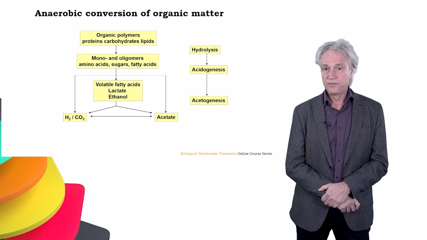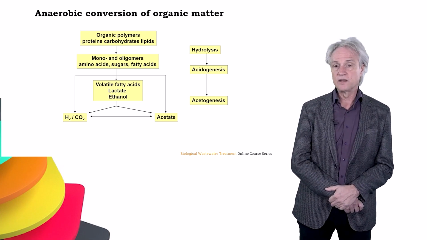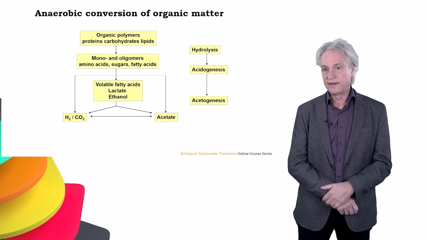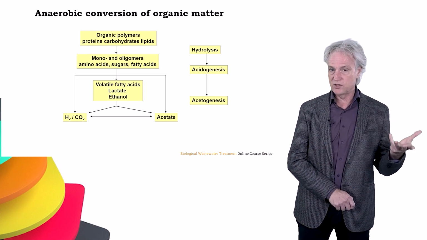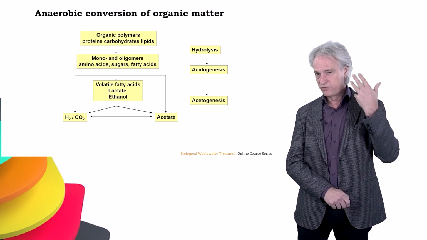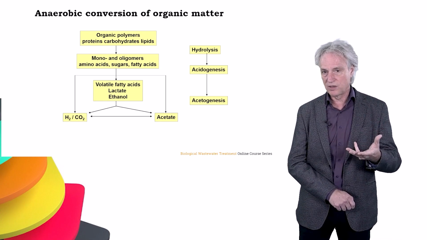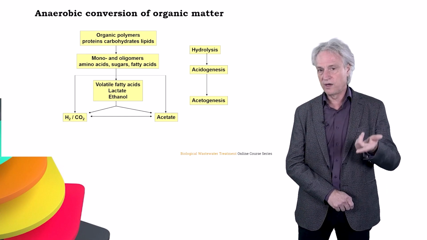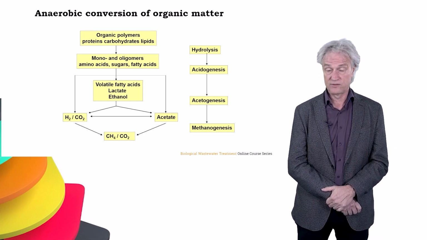Now the next step is that these intermediate products are then taken up by acetogenic bacteria, which is a different group of bacteria. And they use these intermediates to transform them into hydrogen, CO2 and acetate. And you now see that starting from the complex organic matter, we have very simple intermediate compounds at the end, consisting of hydrogen, CO2 and acetate, before they are finally transformed into methane gas.